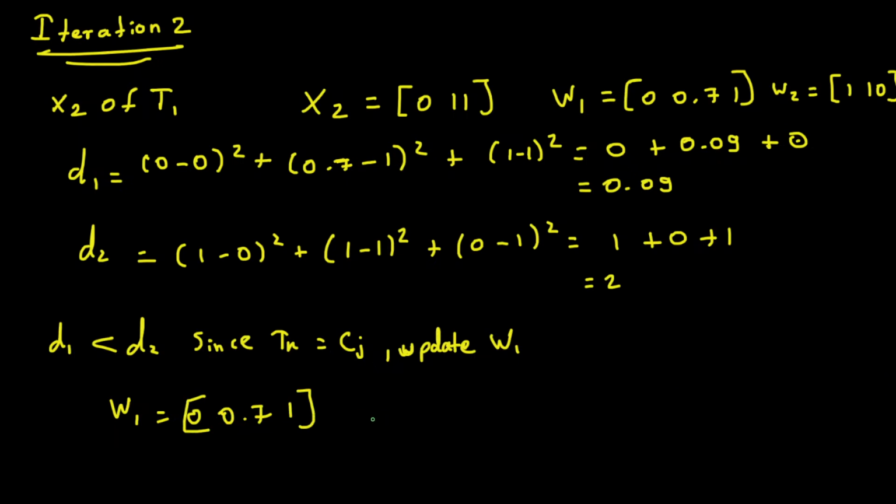So that remains here, and then that one plus the gain multiplied by the corresponding X value, which is 0, 1, 1 in this case, minus the W1 value, which is 0, 0.7, 1. Now we have to just calculate this. So 0.7, we can keep it as it is.